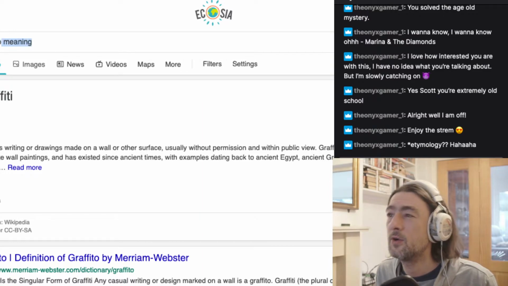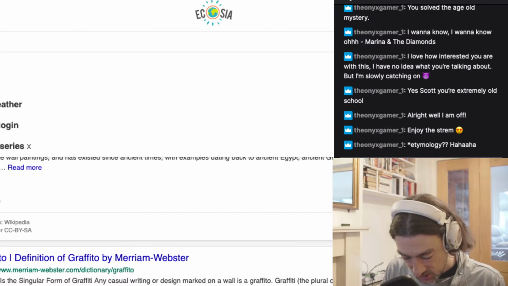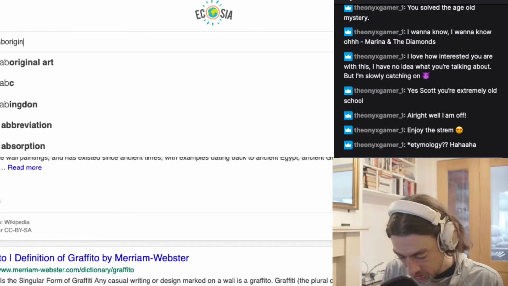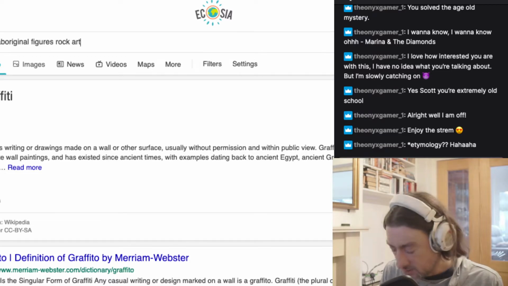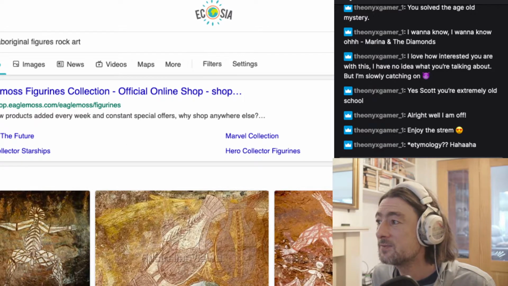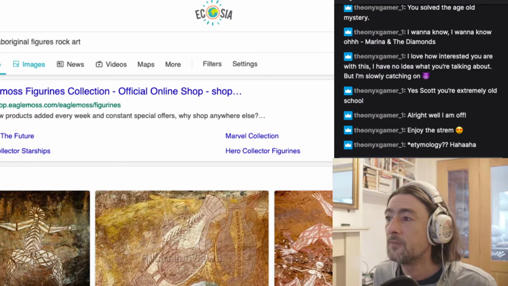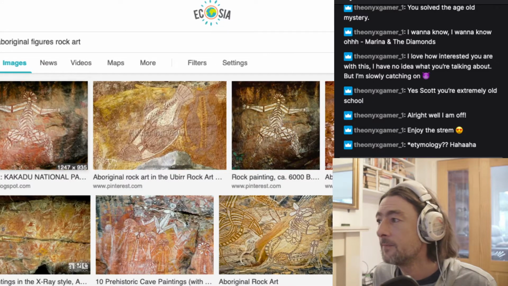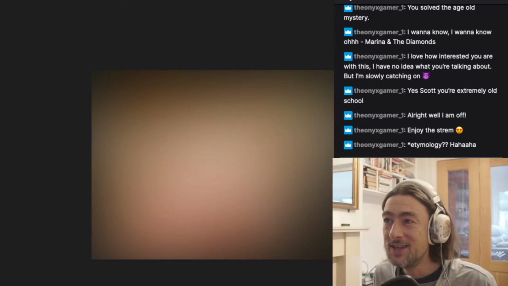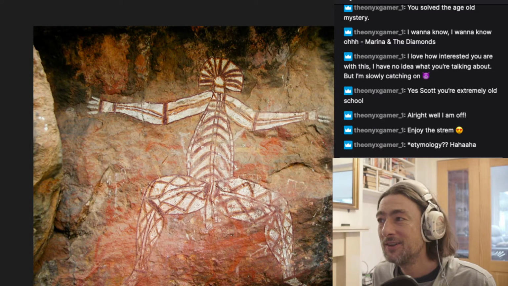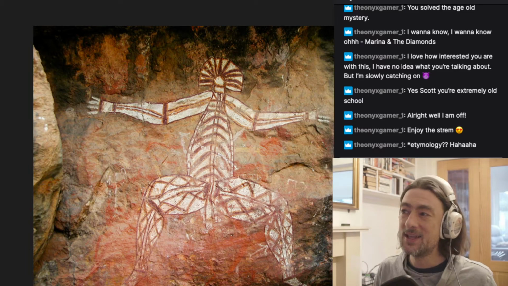And then the other thing I wanted to find was these X-ray Aboriginal figures rock art. I wanted to have a look at these because we talked about them earlier and we just briefly ran by it. But maybe this is going to have to be a different kettle of fish because look at these. Look at them. I mean, that is not an X-ray for a start.